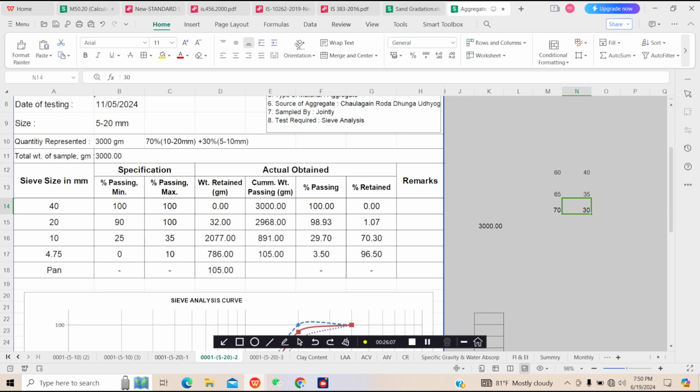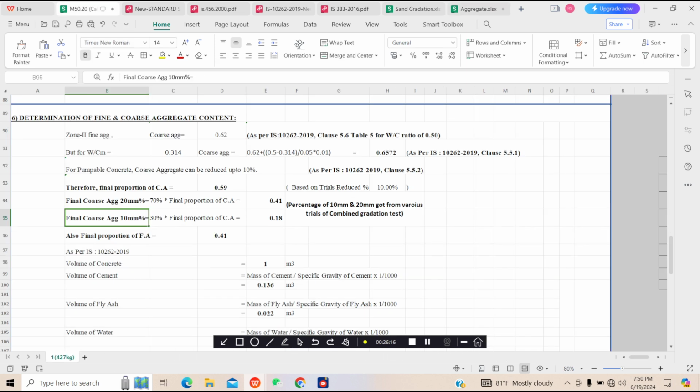This is for the site that I am working, so it may be different for your site condition. So from that we have calculated that I have used 70% of 20 down aggregate and 30% of 10 down aggregate.